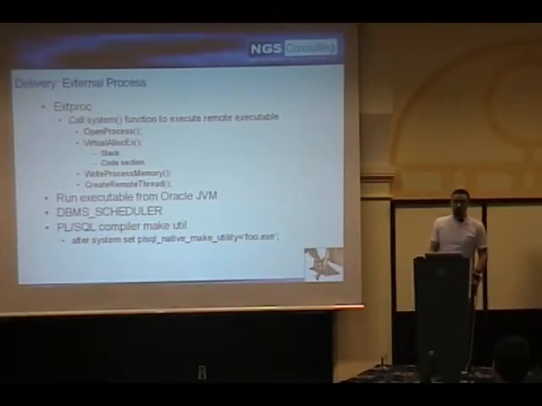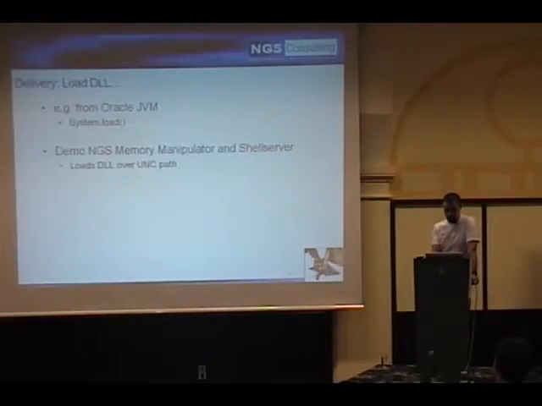We can run executables from the Oracle JVM, but the Oracle JVM is built into the Oracle process, by the way, so that's a bit redundant in a way, because, well, we'll come to that in a minute. We could call DBMS scheduler, or we can modify the PL/SQL compiler flags, and the make utility we can set to an executable, and again, do the same things.